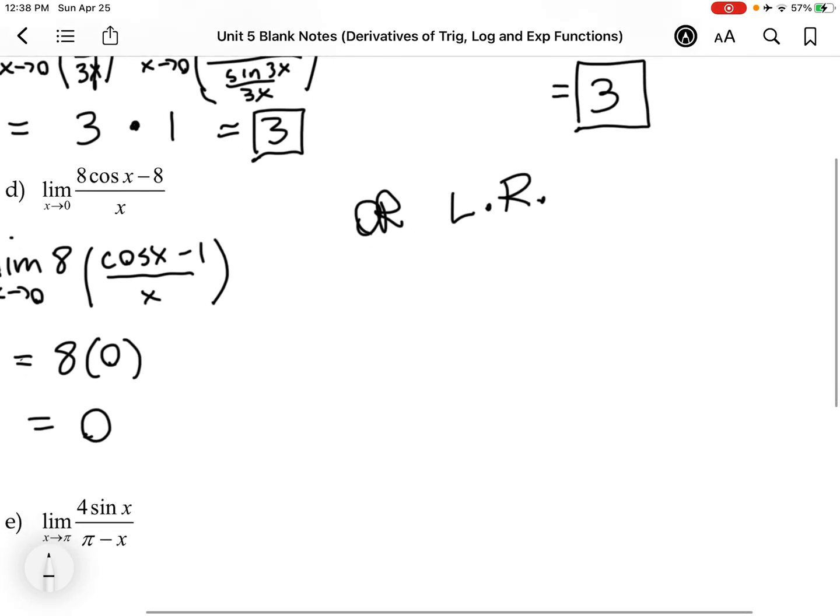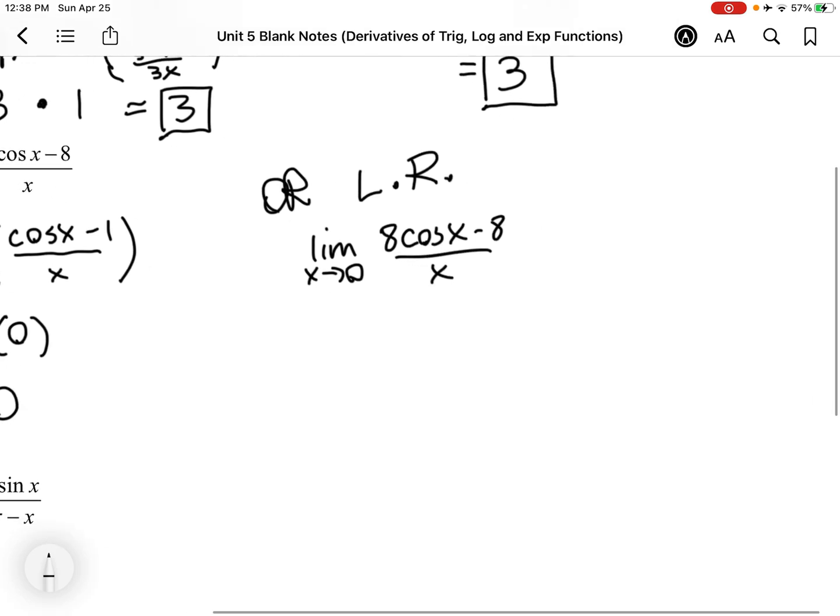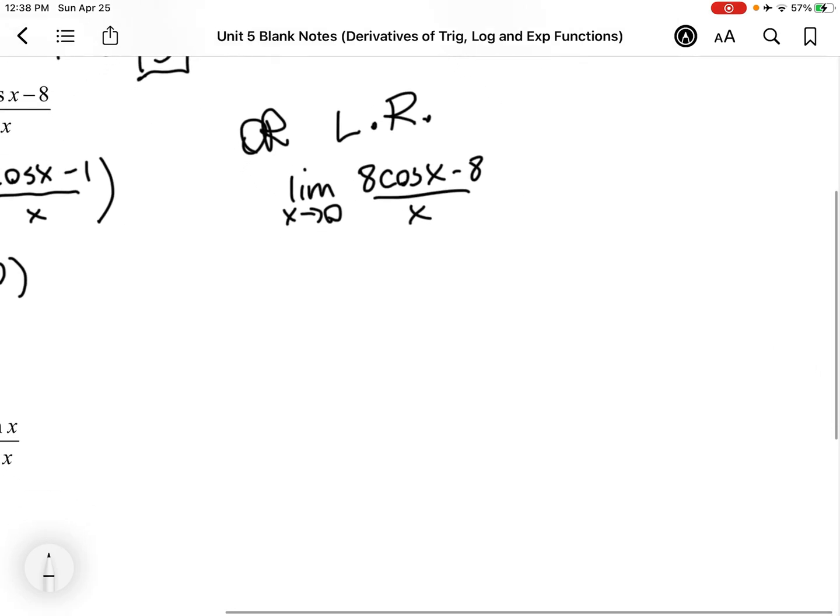is L'Hopital's rule, and that is going to give us the limit as x approaches 0 of 8 cosine x minus 8 over x. That's going to equal the limit as x approaches 0 of the derivative of the numerator and denominator.